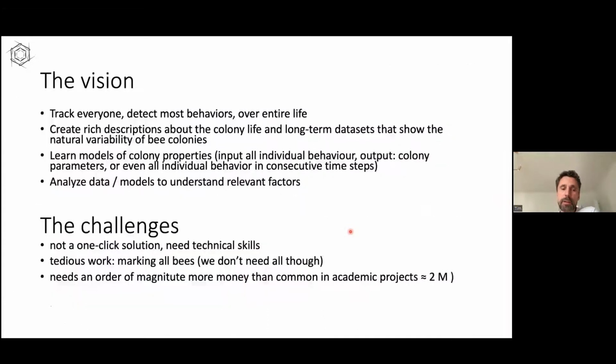Yeah, so I think the vision I am trying to convey here is that it would be great. I mean, from my point of view, I'm a computer scientist, this is so obvious, but I have learned that biologists often don't think that way. So I want to track everyone, detect all, or almost all, the behaviors that we know of over the entire life of an animal, and then see who's doing what, with whom, where, how long, when does it start, when does it stop?